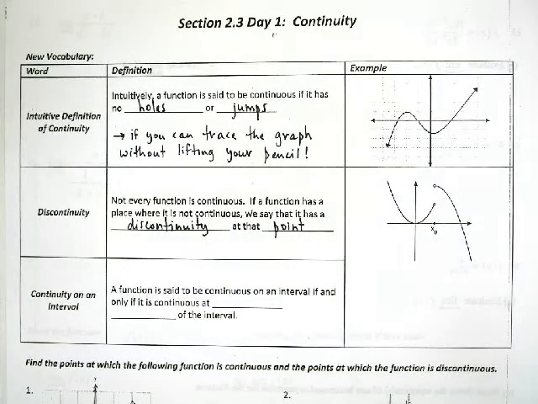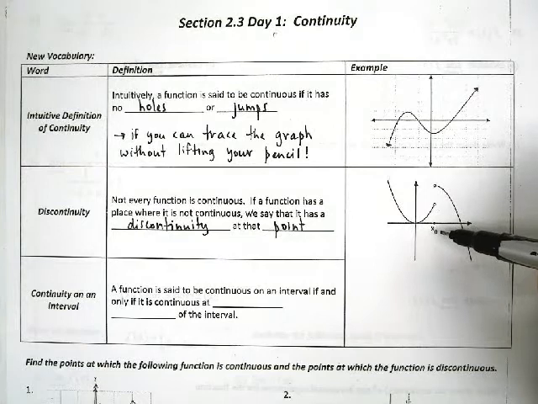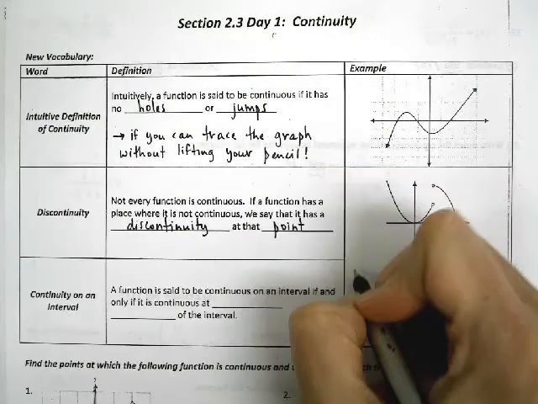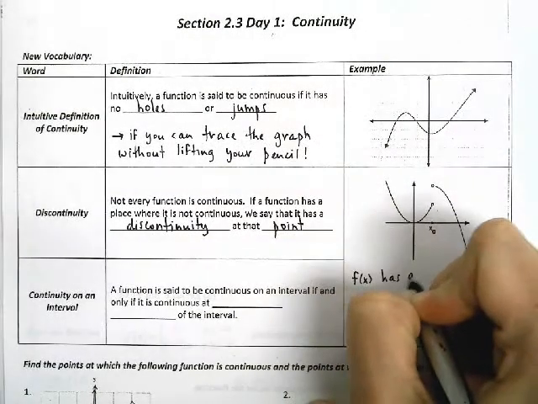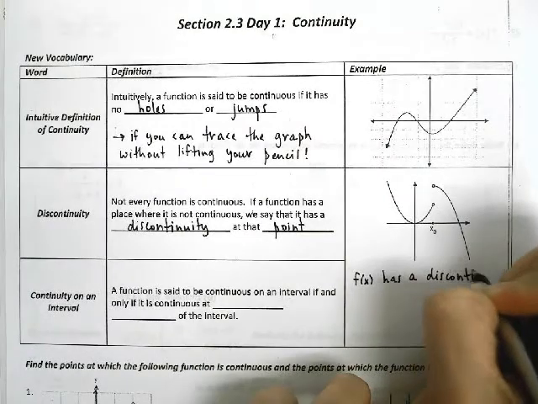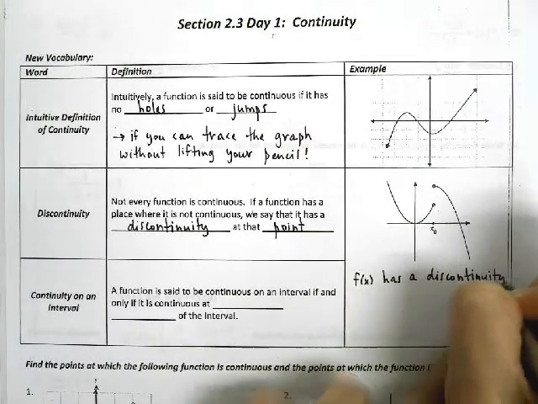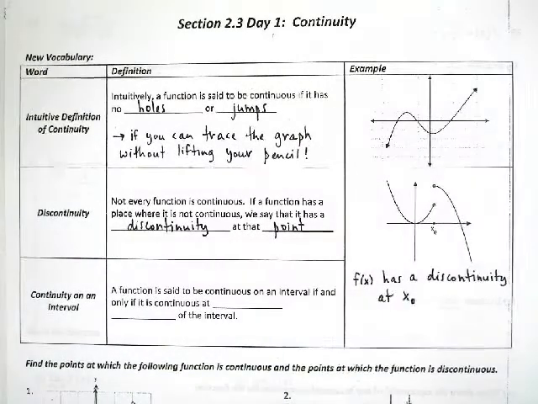So if I were to look at this function over here, I can see there's clearly a jump here at x sub 0. So I would say that the function, I'm going to call it f of x, has a discontinuity at x sub 0.